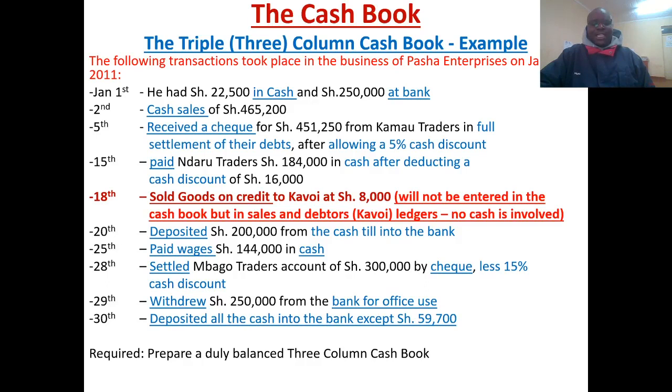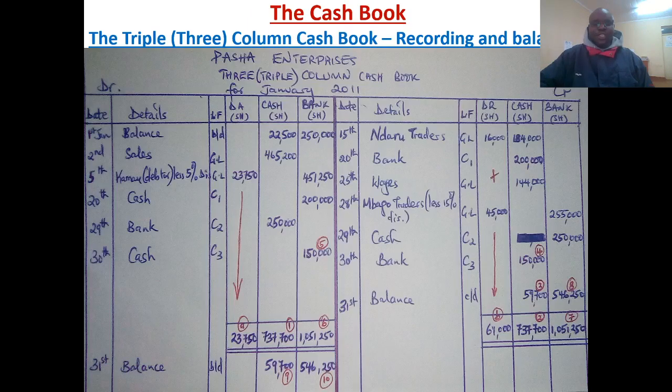On 29th, they withdrew 250,000 from the bank for office use. The bank column on the credit side is recorded 250.